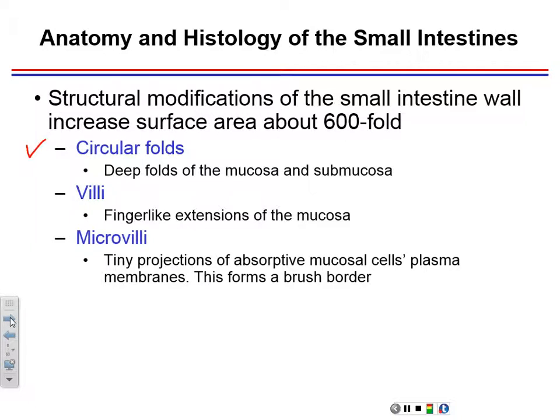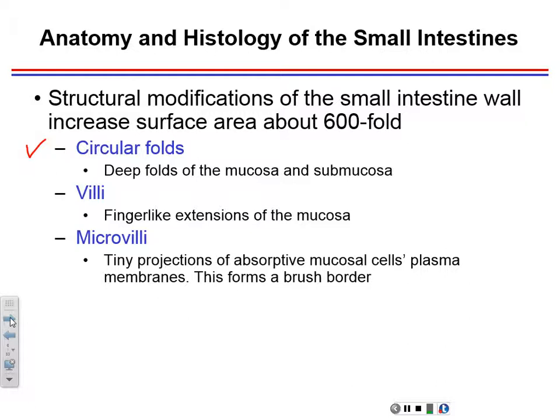So the small intestine's job is to absorb and to finish the digestion. One of the biggest things about it is to increase surface area. We all know about the microvilli and the villus and so forth. The way it can increase the surface area 600-fold is astounding.